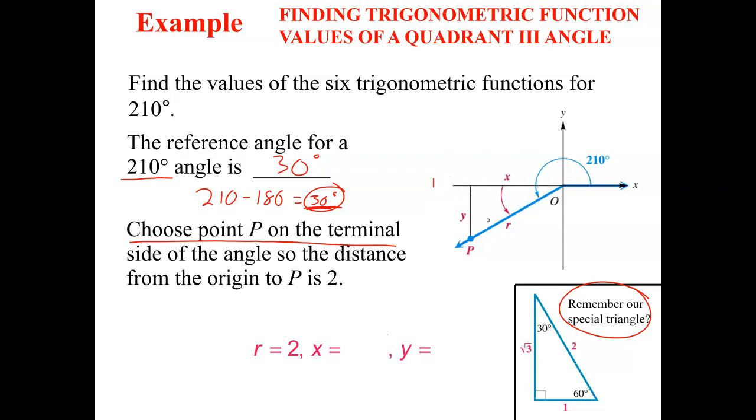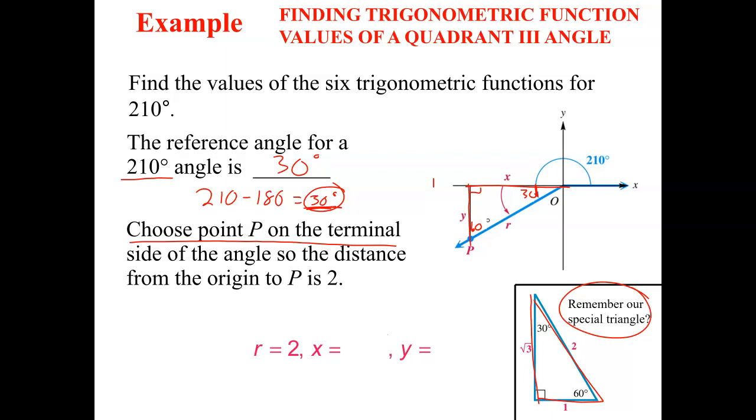I know my reference angle is 30 degrees, so using this triangle here and rotating it, I've got a 30, 60, 90 triangle. And I can fill in the sides. My sides of 1, square root of 3, and 2. So what is the measure of y going to be?